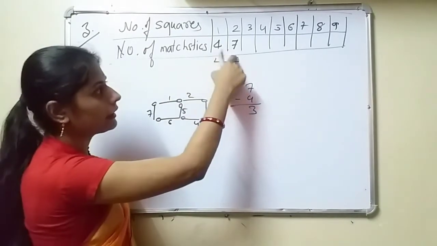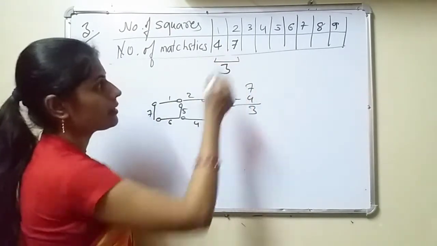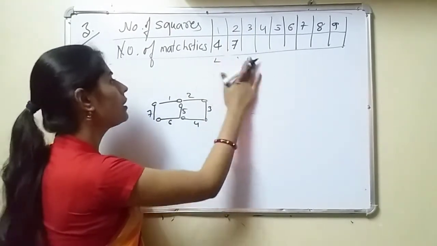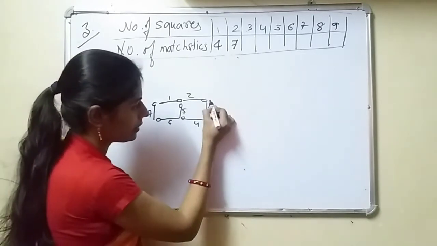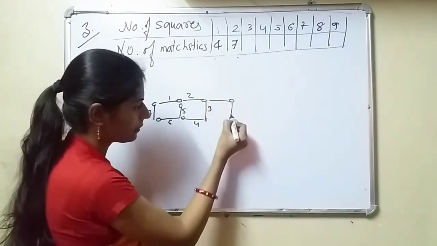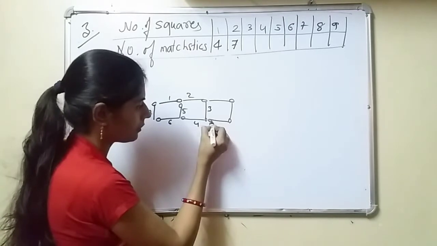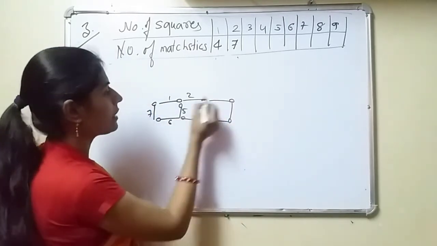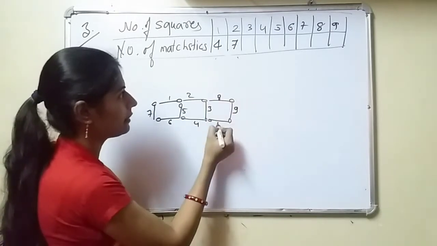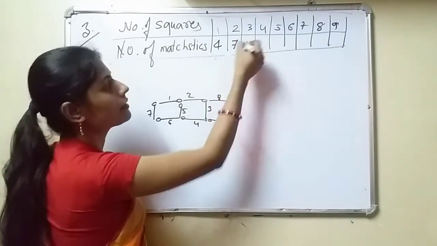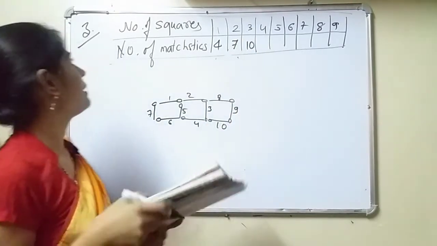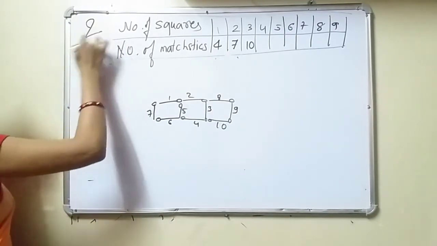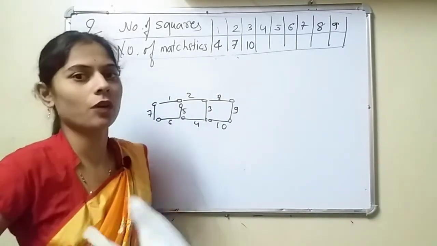Here they are getting a difference of 3. It means when you are making 3 squares, you have to add 3 matchsticks here: 8, 9, 10. So in 3 squares how many matchsticks are there? 10.